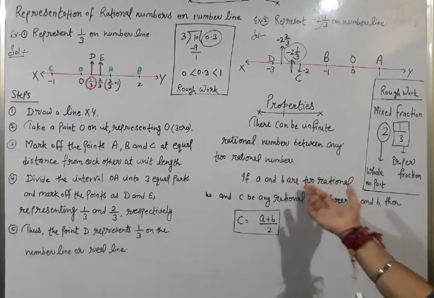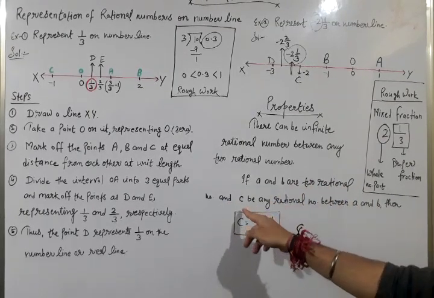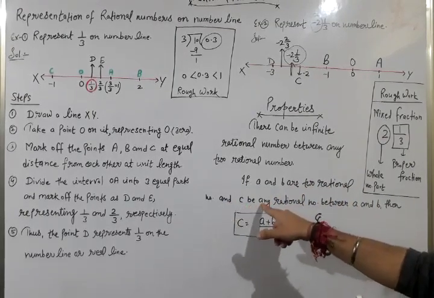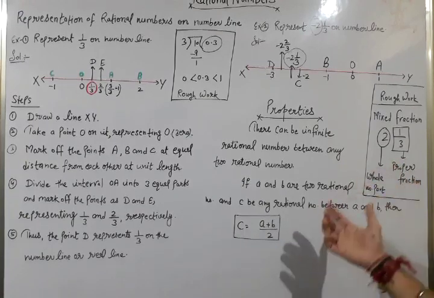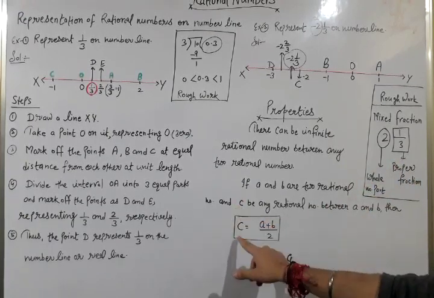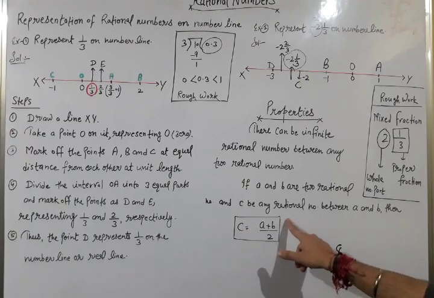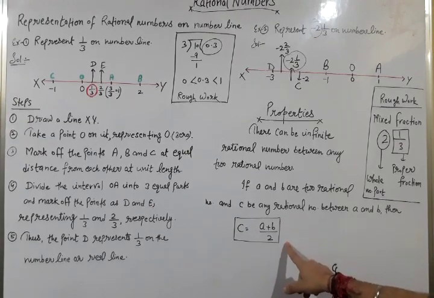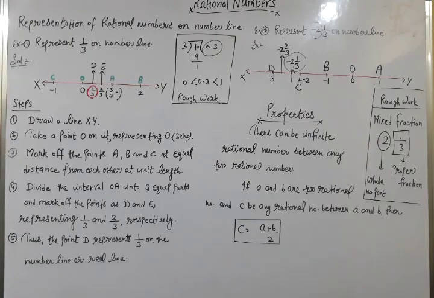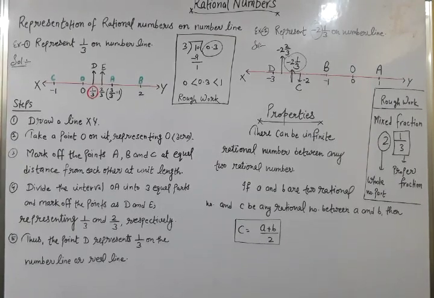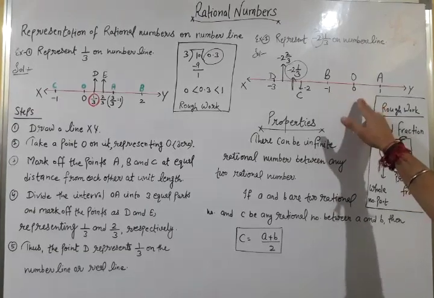If A and B are two rational numbers and C is any rational number lying between A and B, then the value of C is C equals (A plus B) by 2. By following this formula, we can find so many rational numbers between any two rational numbers.